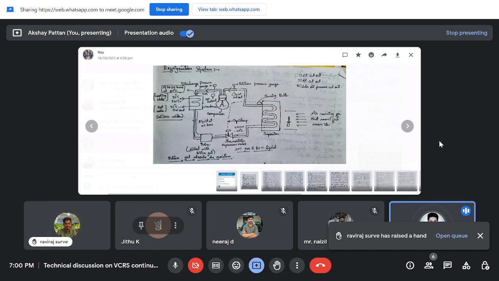And after that, the oil heater. The oil heater is provided for the compressor crankcase oil to prevent the compressor from getting excessively cold. So these are the safeties we use in the compressor.